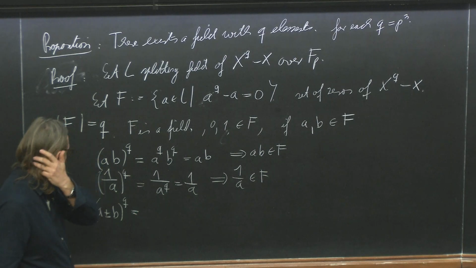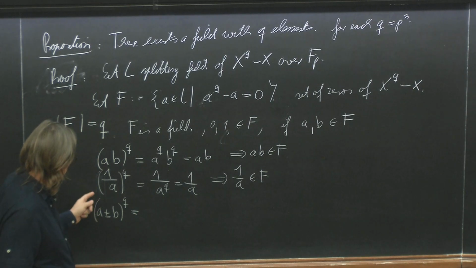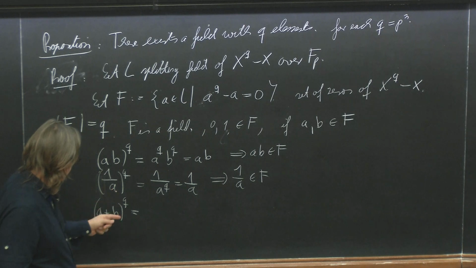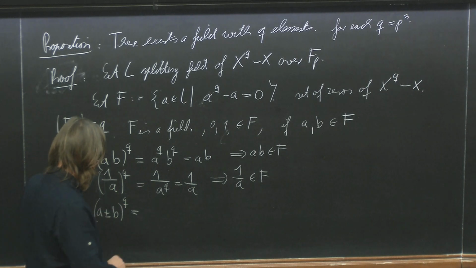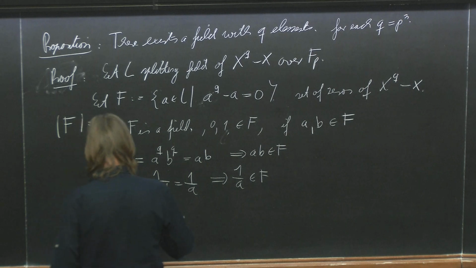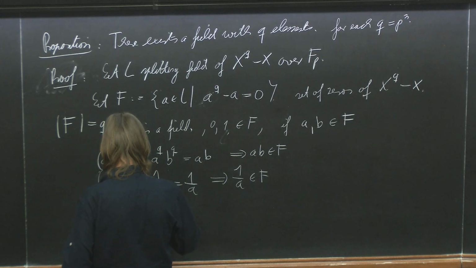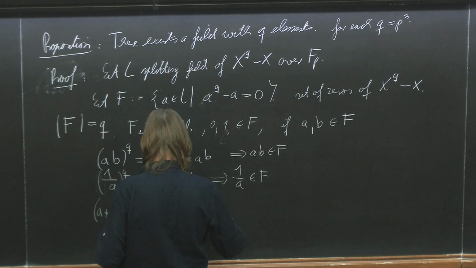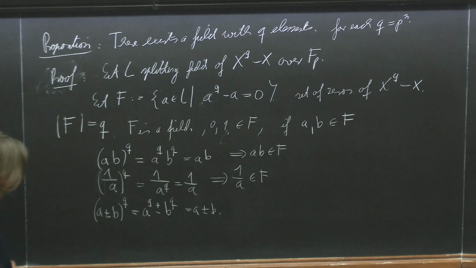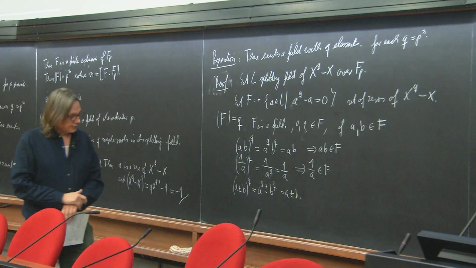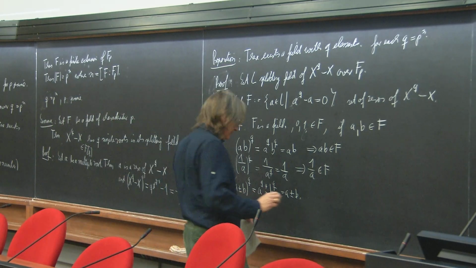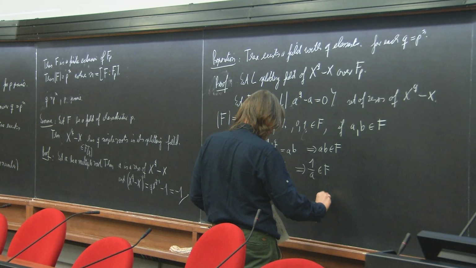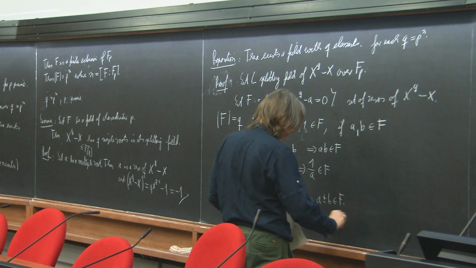But you know that all the binomial coefficients except for q choose q and q choose 0 will be divisible by p, so therefore they will be 0. So this is just equal to A to the q plus minus B to the q, so it's equal to A plus minus B. And so that means A plus minus B is in F. So F is a field.